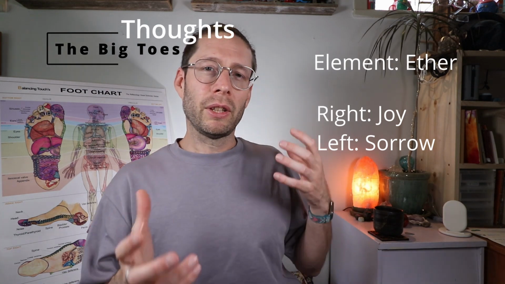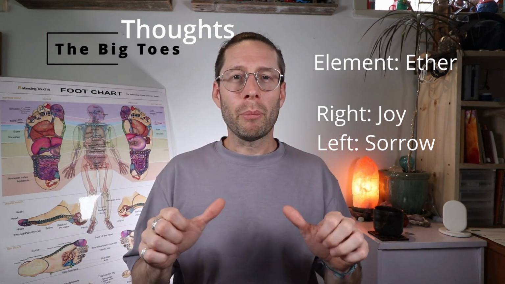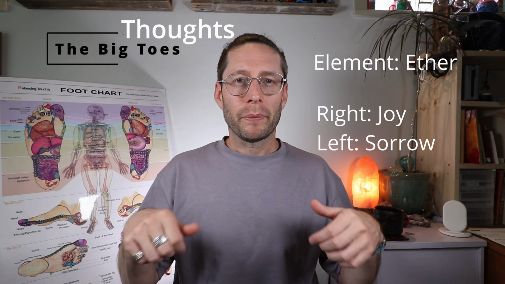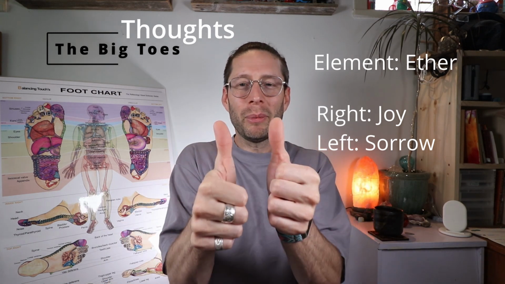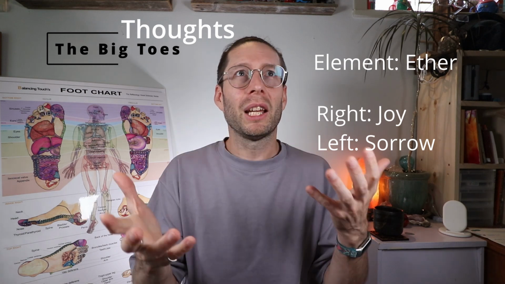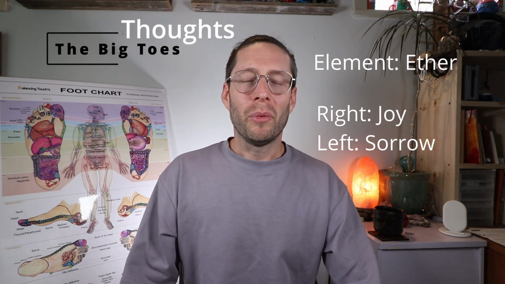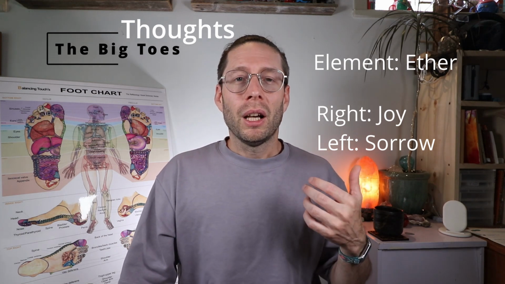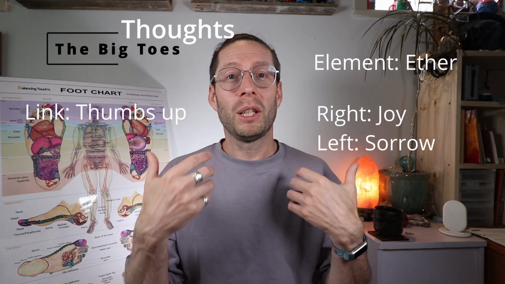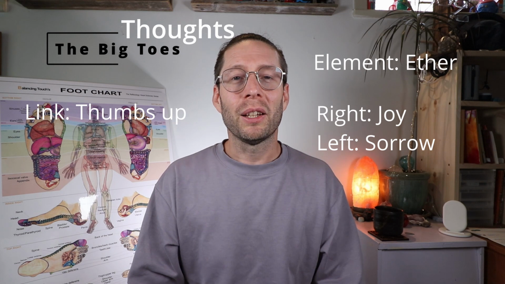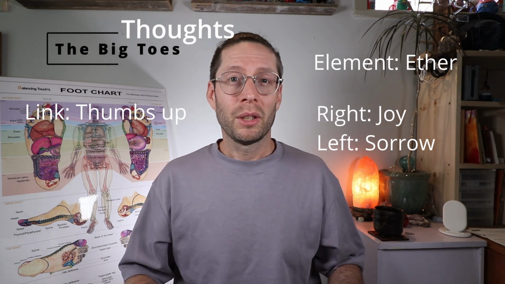Another thing to think about, just so it's easy to remember, is there can be some easy actions to remember. If we're thinking about the big toes and we forget, oh yeah, what was it again? Which is thoughts, you can think of it as giving somebody a thumbs up. When we hear something like, oh, that's a really good idea, or something we agree with, what do we do?